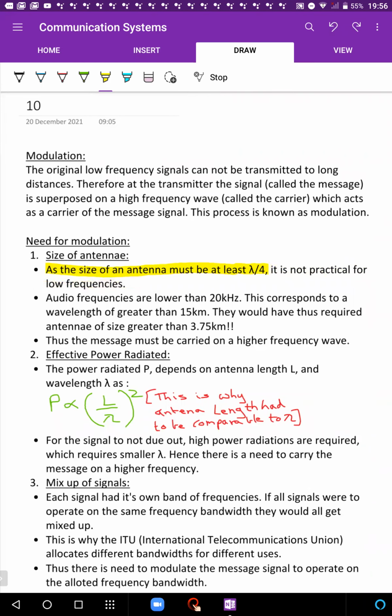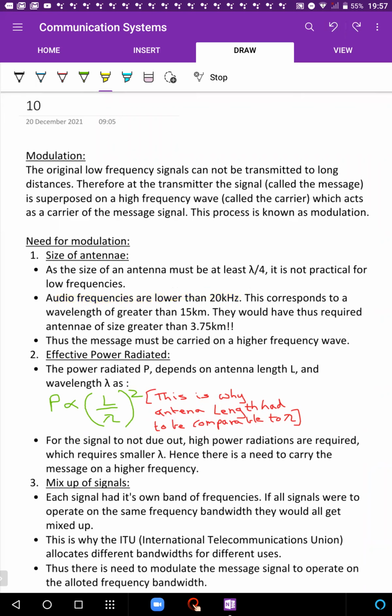For instance, audio frequencies are going to be lower than 20 kilohertz, right? Everything above 20 kilohertz is ultrasonic frequencies, right? So we can't hear frequencies that high. In fact, above 2 kilohertz itself, it gets quite irritating. So the frequencies we deal with are not above that range.